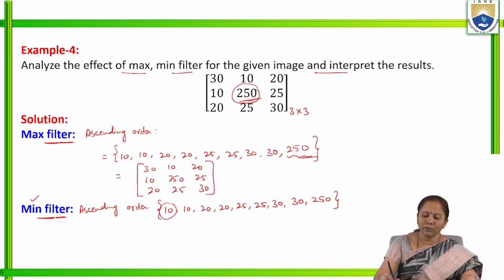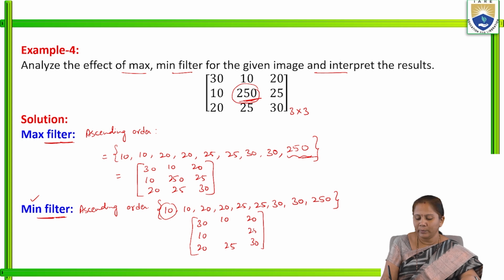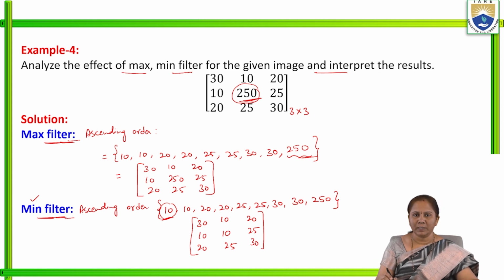So this 250, the center pixel in the given image, will be replaced with 10. The output image will be 30, 10, 20, 10, 10, 25, 20, 25, 30. The center pixel, instead of 250, will have 10. So this is how we apply the minimum filter and maximum filter for the given image.